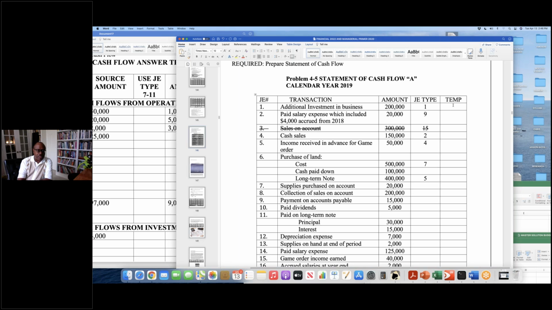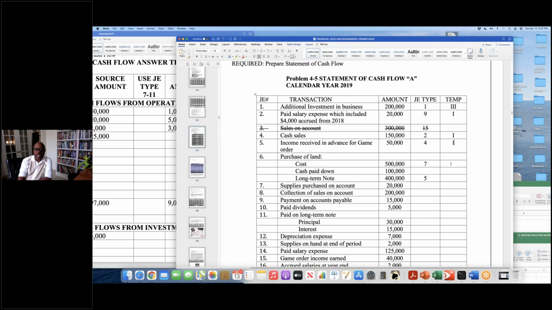This item would be in what part of the template? Journal entry 1. That's 3. Okay, this one would be in part what? Wouldn't that be in type 1? That goes nowhere. The cash sales are going to be where? Template 1, okay.